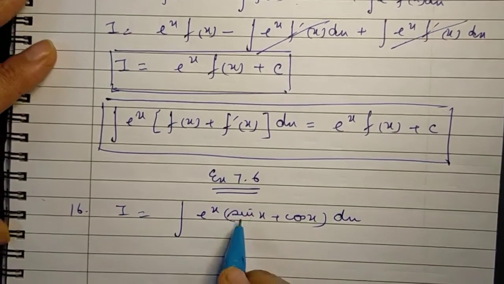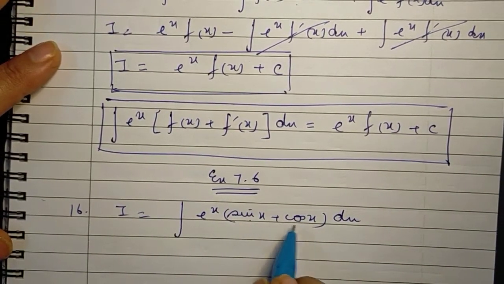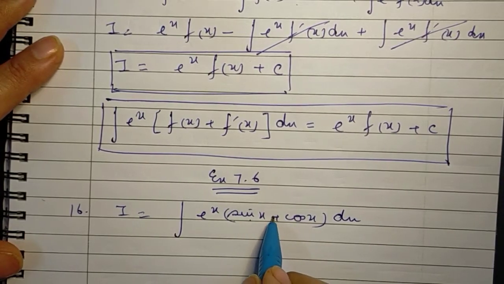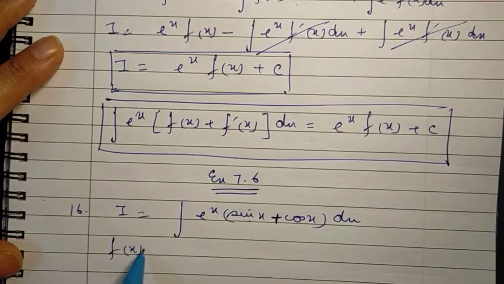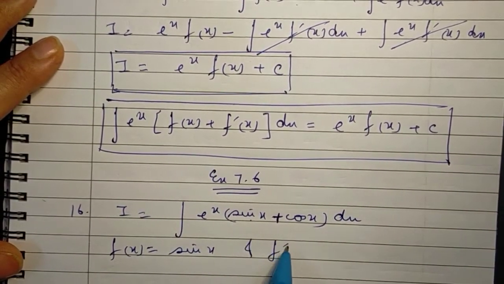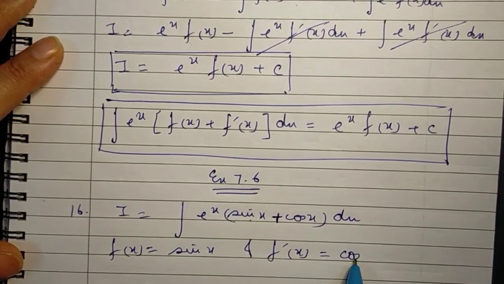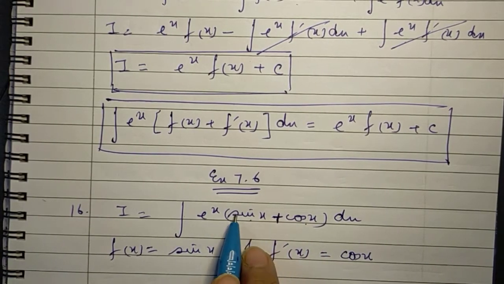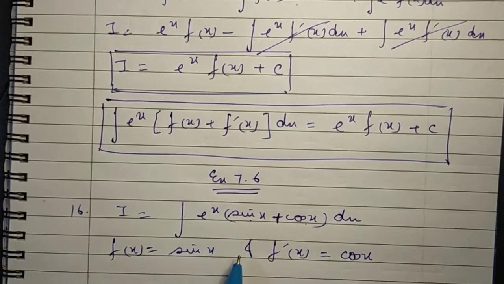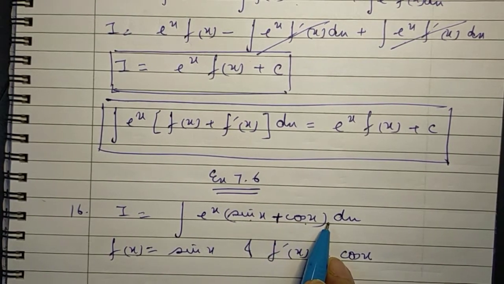Now clearly sin x and cos x are derivatives of each other, but here because of the presence of the plus sign, we will only consider f(x) as sin x and f'(x) will be cos x, because if we had taken f(x) as cos x, then the derivative would be minus sin x. So if there was a minus sign here, we would have taken f(x) as cos x. So f(x) has to be so chosen that it exactly falls into the category of f(x) plus f'(x).